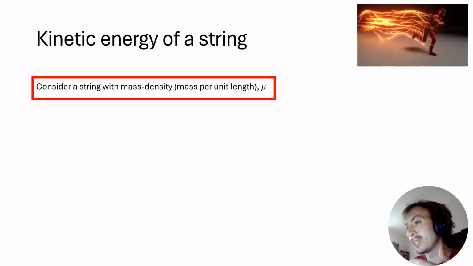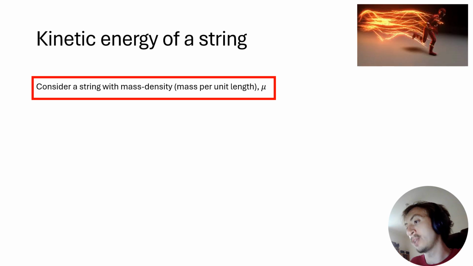Our string is idealized to just have a length. It's purely a one-dimensional object, and so if we're considering the density of the string, it wouldn't make sense to say density is mass over volume. Instead, density is the whole mass of the string divided by the whole length of the string.